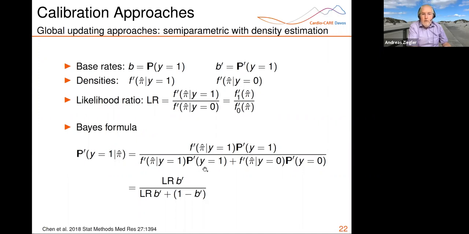And if we now divide the numerator and the denominator by this f prime of pi hat given y equal to 0, then we just obtain this expression over here, where this p prime of y equal to 0 just is 1 minus p prime, and the other terms are explained in a very similar way.